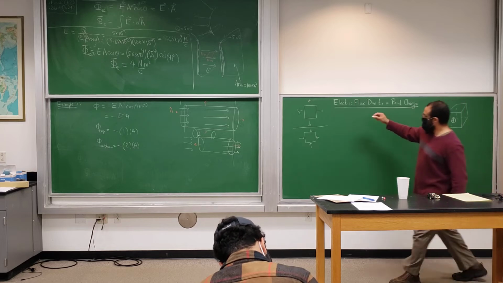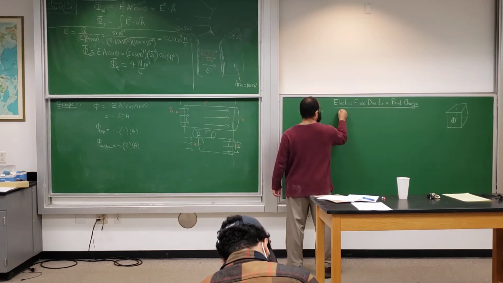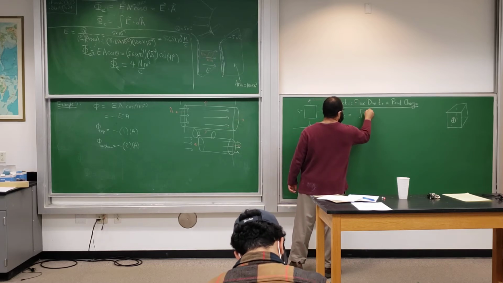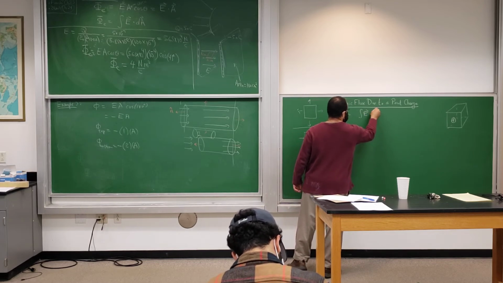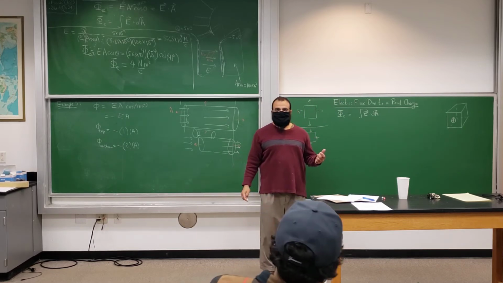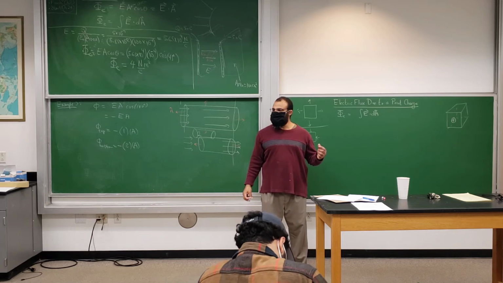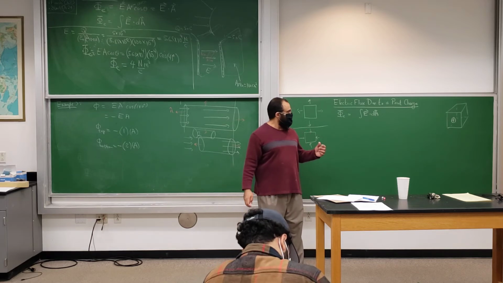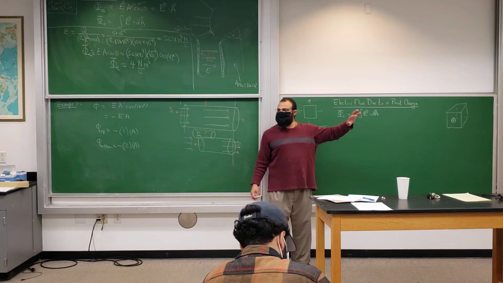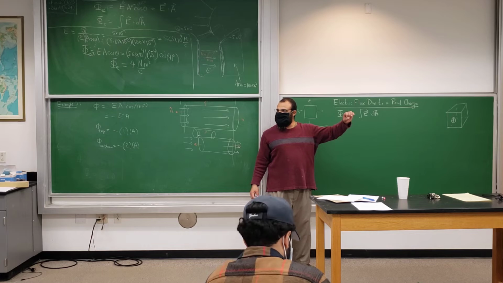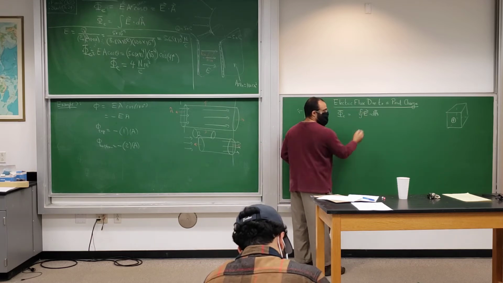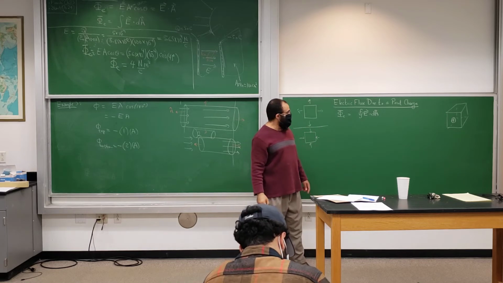By definition, the electric flux is the integral of E dot dA. If it's a closed surface, people use a certain notation: they put a circle around the integral sign, just to indicate that it's a closed surface.